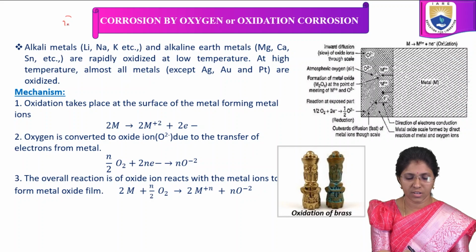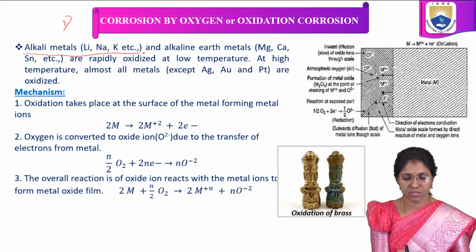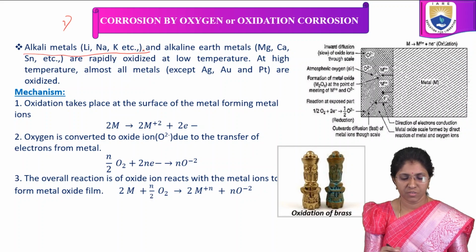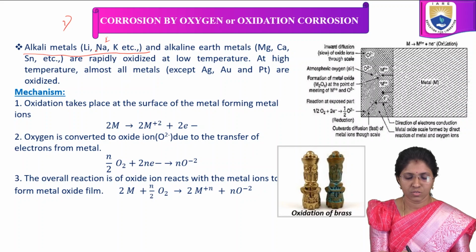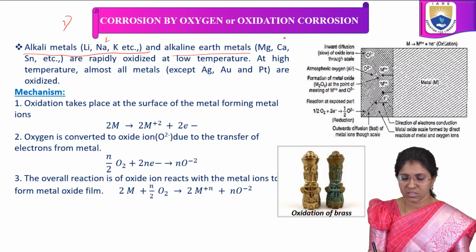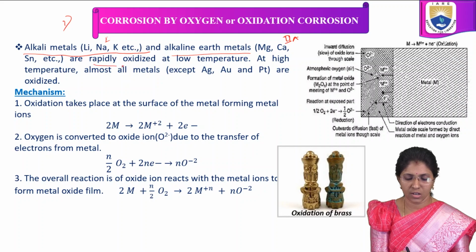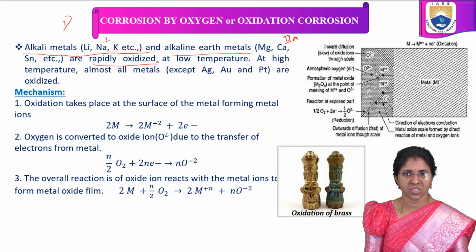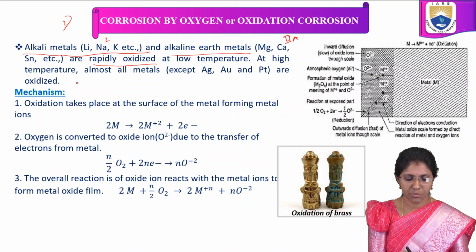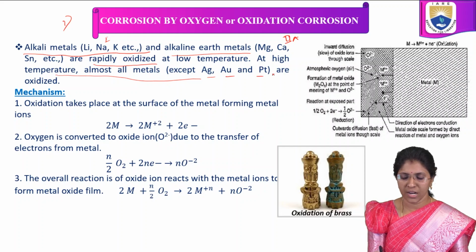We know that alkali metals are first group metals, that is lithium, sodium, potassium, and alkaline earth metals are second group elements: magnesium, calcium, etc. These are rapidly oxidized at low temperature. At high temperature, almost all metals except silver, iron, and platinum are oxidized.